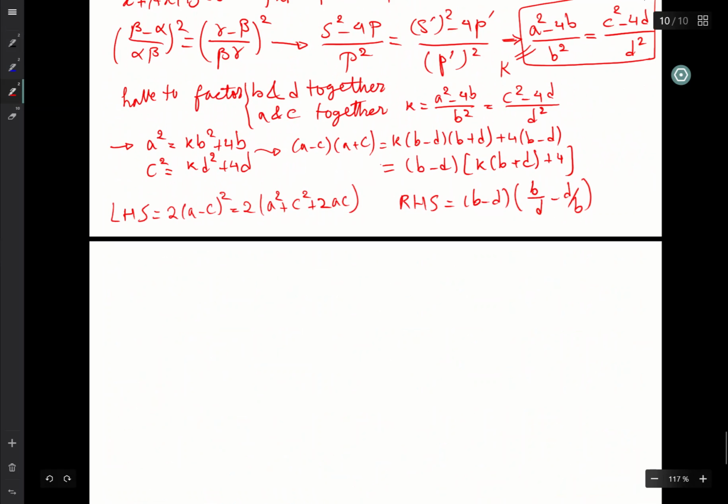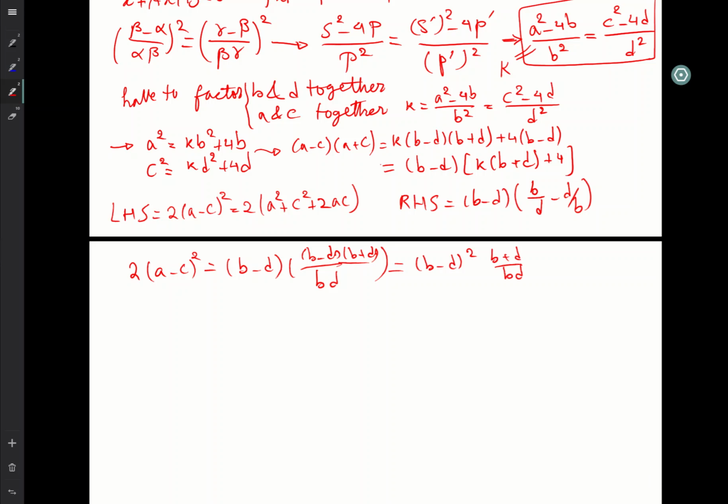Well, let's have a look at what the original expression is. 2a minus c squared is b minus d times b squared minus d squared, which is b minus d, b plus d, right? But this is basically b minus d squared b plus d over bd, right?